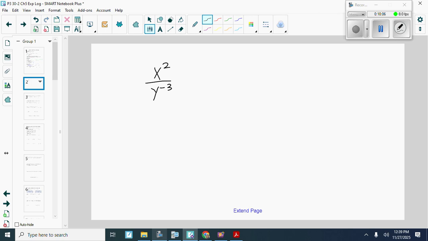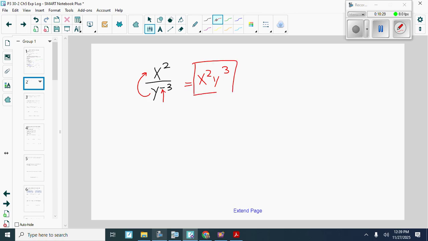How do we flip that? Yeah, I like the hand gesture. What happens is the y gets flipped to the other side of the bar. So this becomes x squared. We have to take care of this negative sign before we have our final answer.